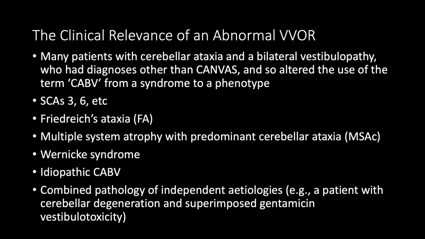For example, Friedreich's ataxia, multiple systems atrophy of the cerebellar type, MSA-C, Wernicke syndrome, idiopathic CAB-V, and in cases of combined pathology of independent etiologies, such as a patient who has had a Chiari malformation leading to cerebellar impairment, and then following decompression, gentamicin vestibulotoxicity.